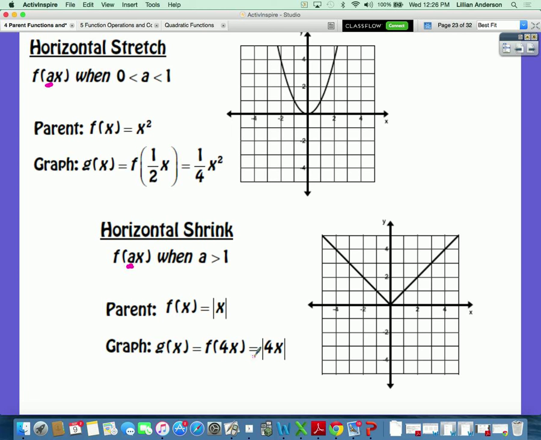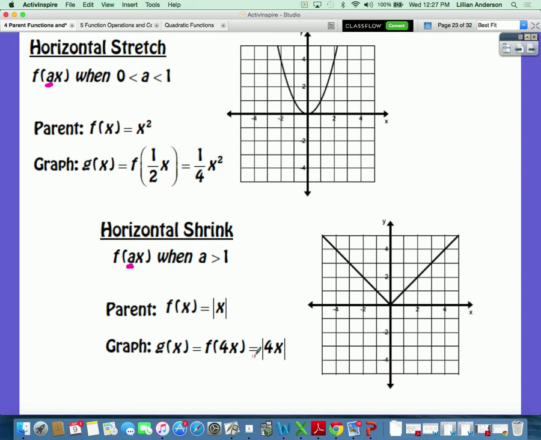Okay? Now, one thing you have to be aware is that horizontal shrinks and stretches relate to vertical shrinks and stretches. A horizontal stretch is the same thing as a vertical shrink, and a horizontal shrink is the same thing as a vertical stretch. Okay? Because think about it, I'm no longer pulling from the top and the bottom, now I'm pulling from the left and the right.